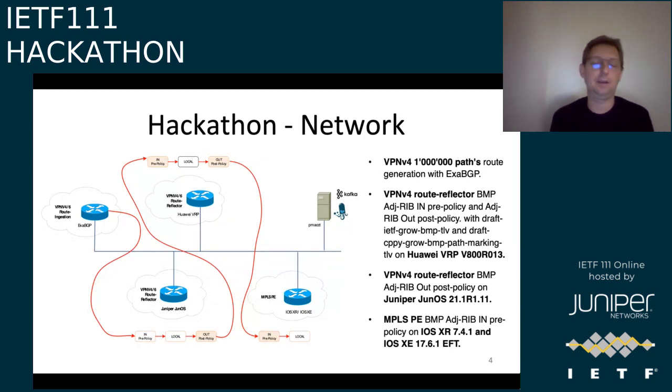So basically the advertisement towards the Huawei route reflector, where we are measuring adjacency RIB in pre-policy and adjacency RIB out post-policy, and then importing the routes on two different MPLS PE routers, Cisco IOS XE and IOS XR. The test bed was generating 1 million VPNv4 routes as fast as possible, and on the route reflector we were supporting adjacency RIB in, out, as well as the path marking and TLV drafts.